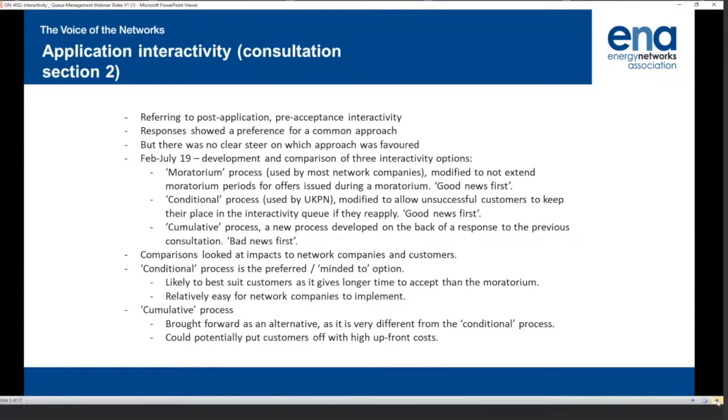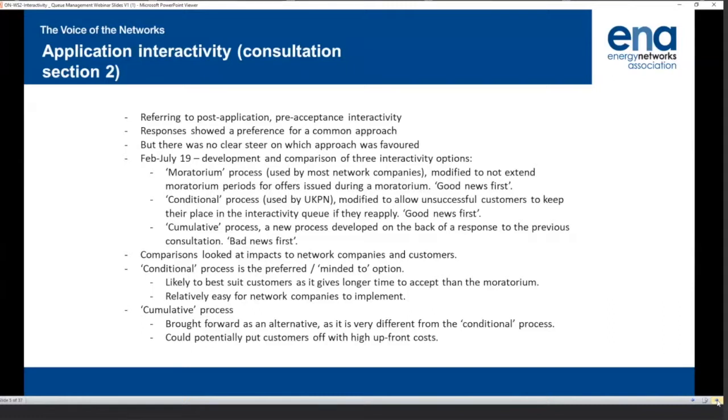First one is the moratorium process, which is used by most network companies at the moment. And we were looking at using a modified approach to this, where the moratorium period was not extended.